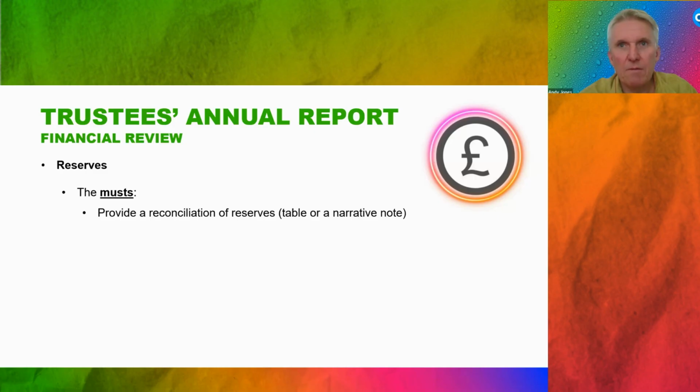But if you also have a lot of different restricted funds, designated funds, endowment funds, a lot of fixed assets, then putting that into narrative, it may be easier to set out a table that reconciles from the figures in your accounts back to what your reserves or your free reserves are. And I've seen a mixture of that presented in good reports. So it really comes down to the complexity of your charity.